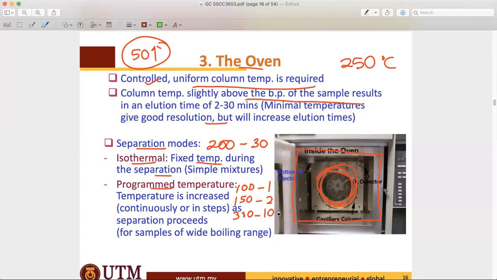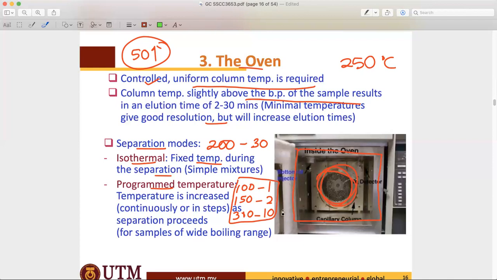This is the meaning of program temperature. The temperature is increased continuously or in steps as separation proceeds, for samples of wide boiling range. You set this program to make sure that separation happens effectively. We will look into detail on how program temperature works.